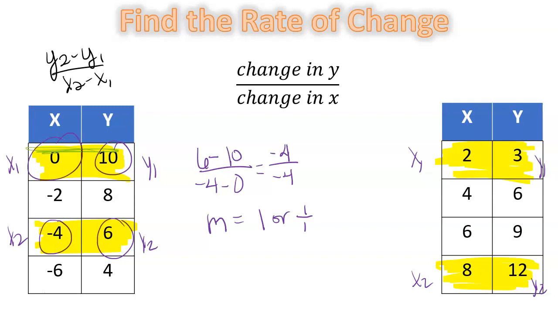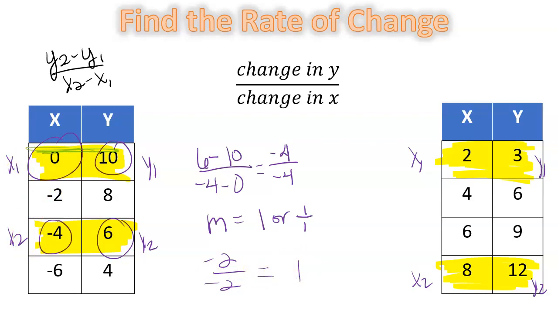Sorry guys, I'm looking back at this one and thinking that that's a mistake. No, not necessarily, because I can see that my y's are going down by 2 over my x's are also going down by 2, which is going to equal 1.